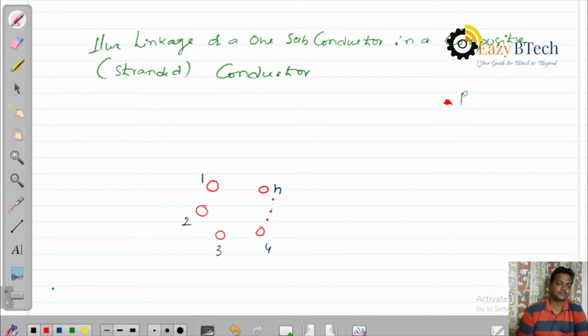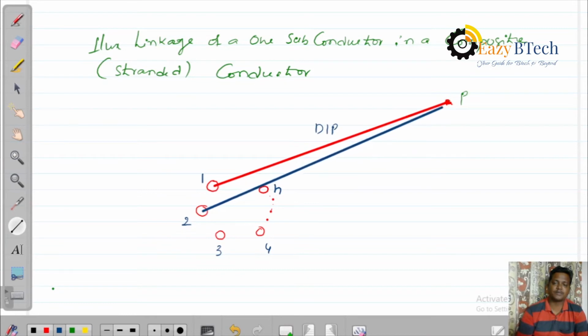Now, the distance from the first subconductor to point P is d1P. Next, the distance from the second subconductor to point P is d2P.